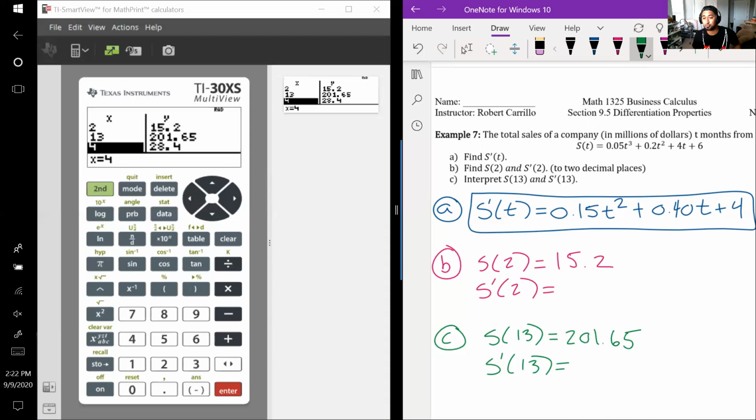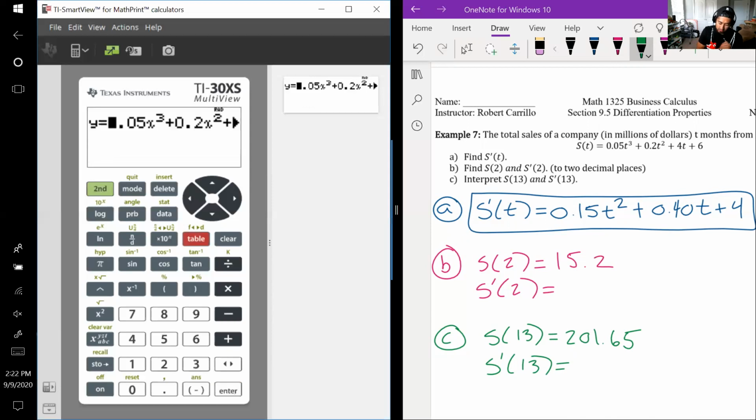Okay, and now back to the table, and now we'll do the derivative. 0.15 x squared plus 0.4 x plus 4.